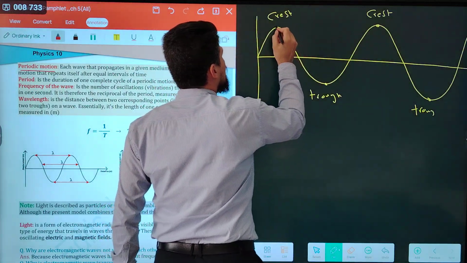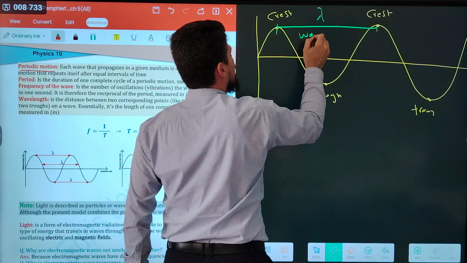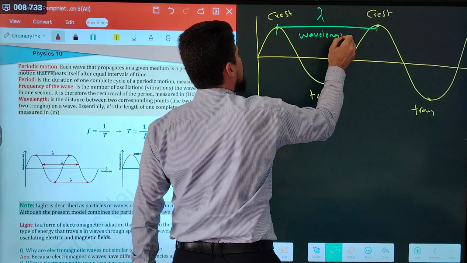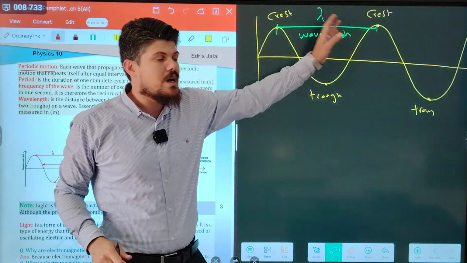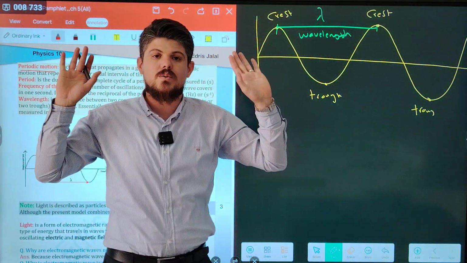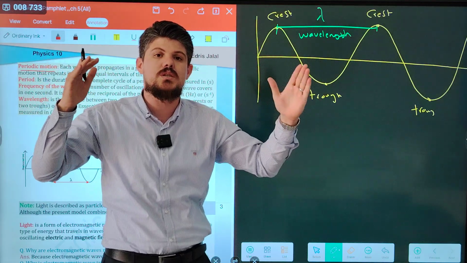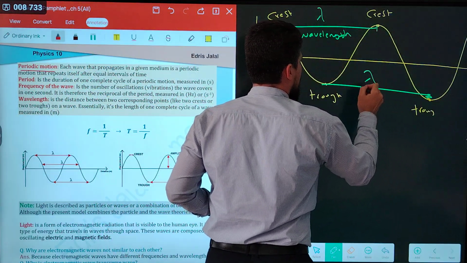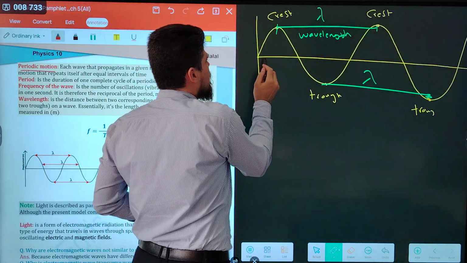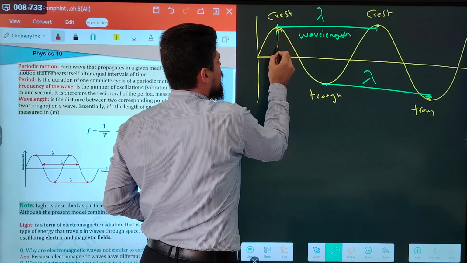The distance between two crests is called what? Wavelength. So the distance between two adjacent crests is equal to what? Wavelength. What is wavelength? It is the distance between 2 points, such as 2 crests or 2 troughs. Also for the trough, the same thing. And the distance from the equilibrium position to the maximum point is called what?